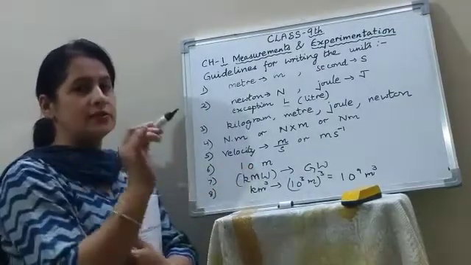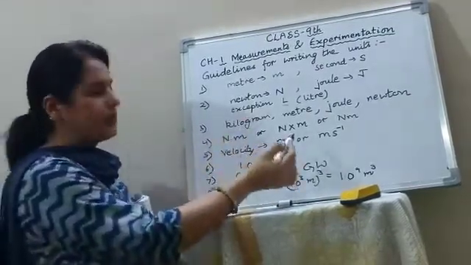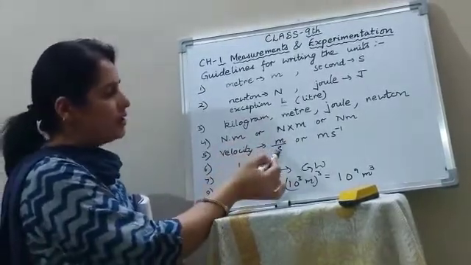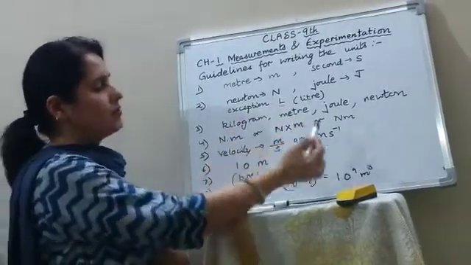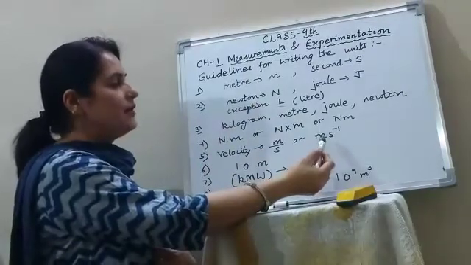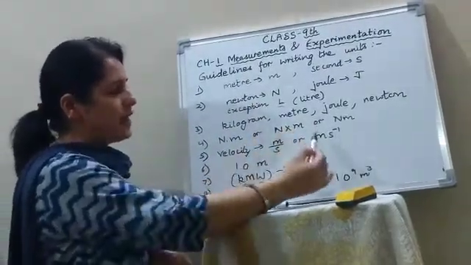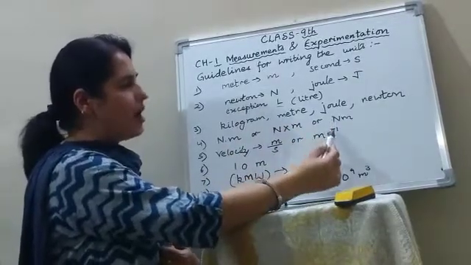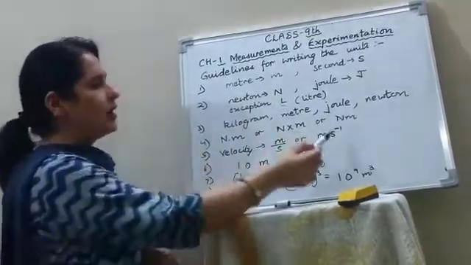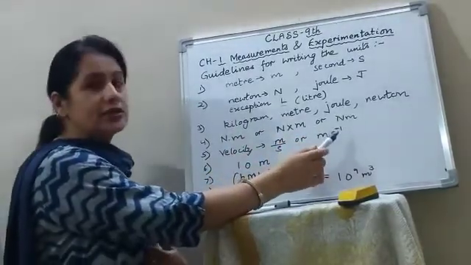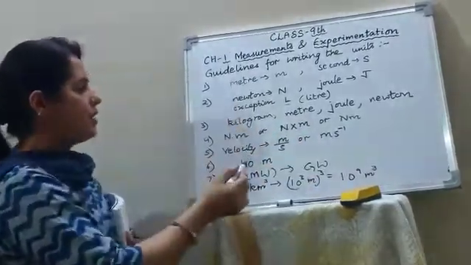SI unit of distance upon SI unit of time, that means meter upon second. If something is in the denominator, we can write it with a negative power. Like meter per second is written as m s to the power minus 1. The denominator goes in the numerator with the negative power.